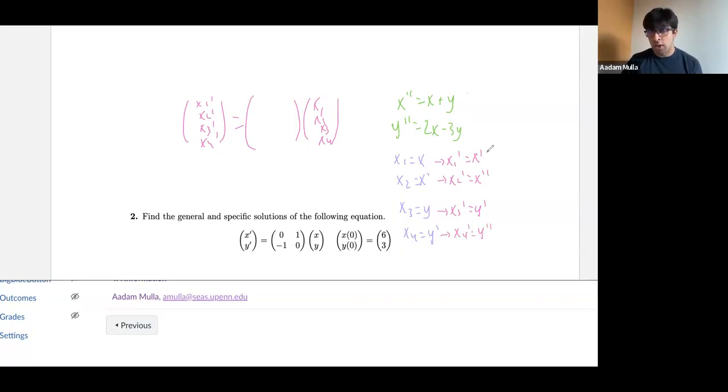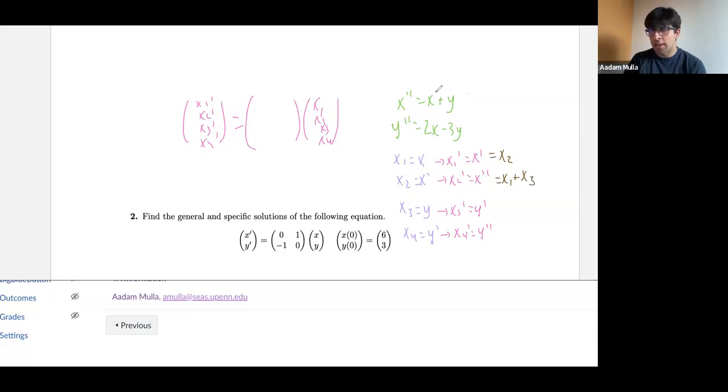Now we make some substitutions. We know x prime is exactly equal to x2, so this is going to equal x2. x double prime is equal to x plus y, and x is x1, and y is x3.